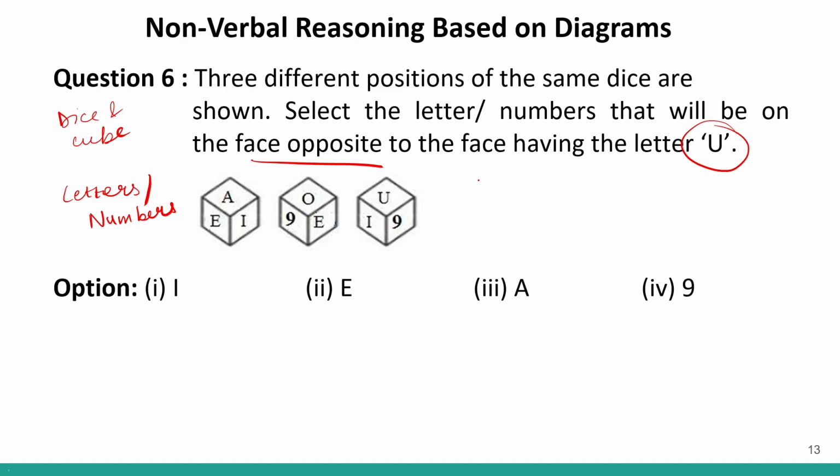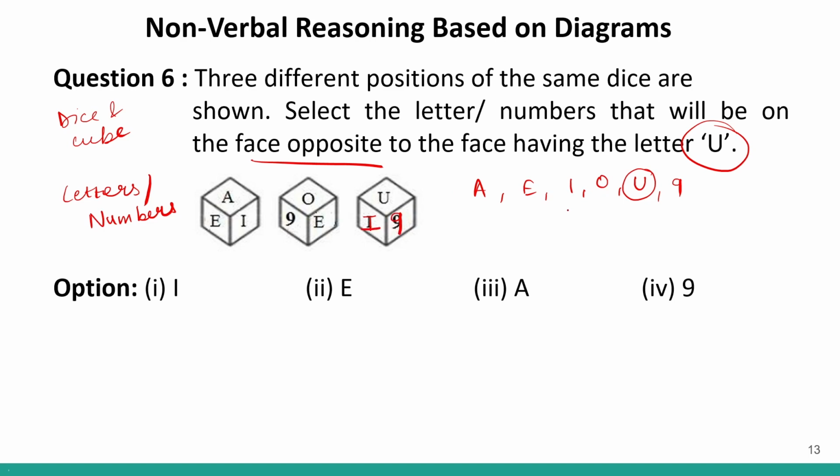So now I can see A, I can see E, I can see I, I can see O, I can see U, and I can see 9. A dice or a cube has 6 sides, so 6 letters are already there. Now we have to find the one that is opposite to U. So opposite to U means over here I and 9 are what?